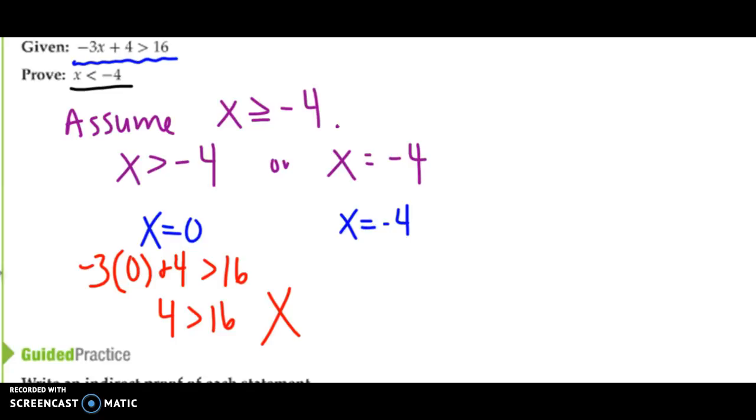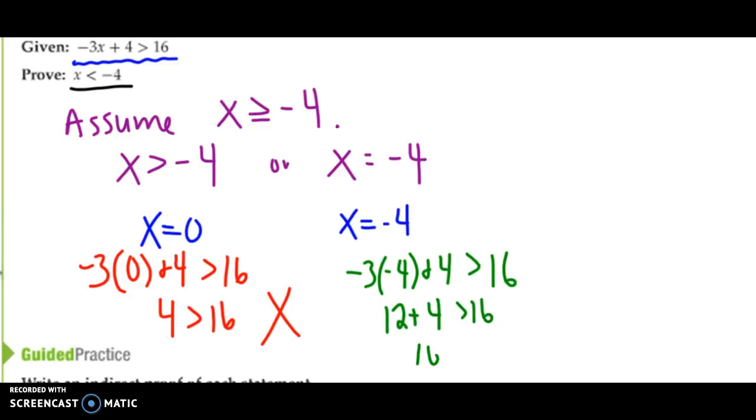Try the next one. Let's put negative 4 in. Negative 3 times negative 4 plus 4 is greater than 16. Negative 3 times negative 4 is 12, plus 4 is 16. This says 16 is greater than 16. Is 16 ever greater than 16? No, that's not true either.